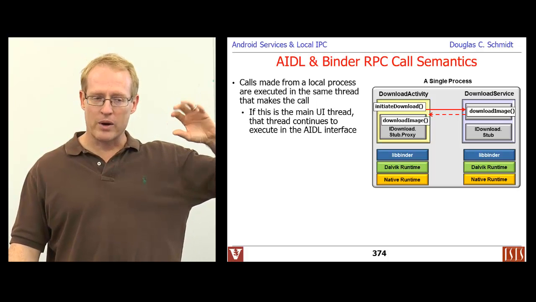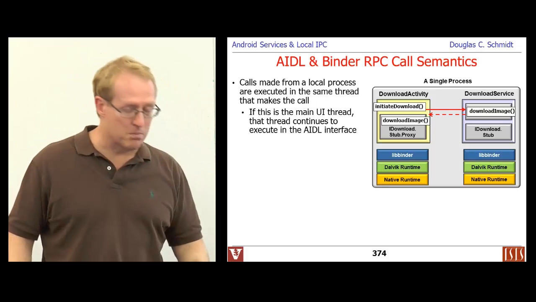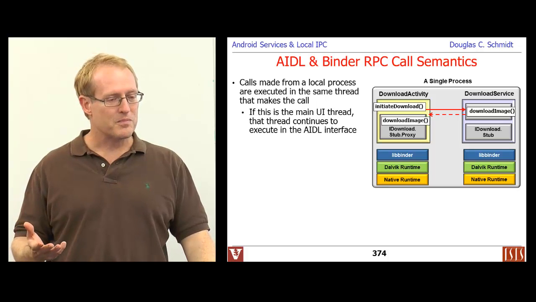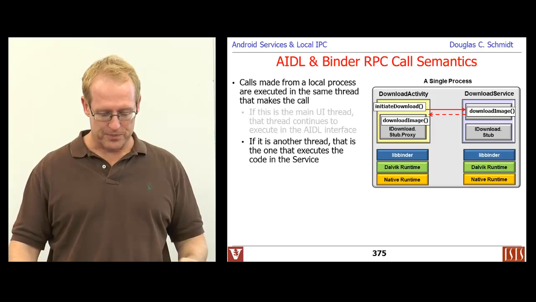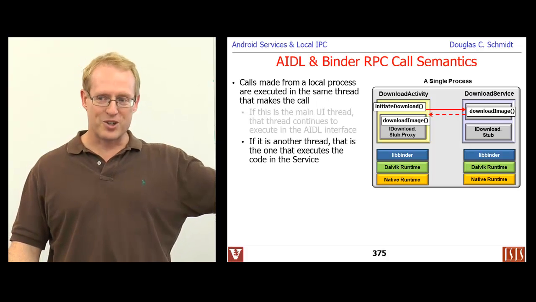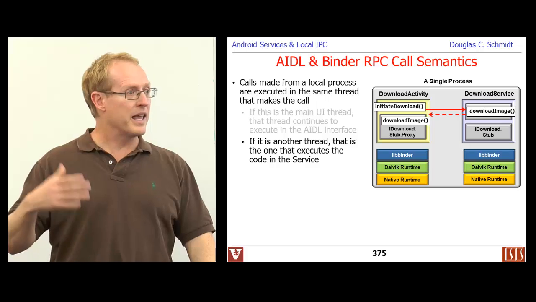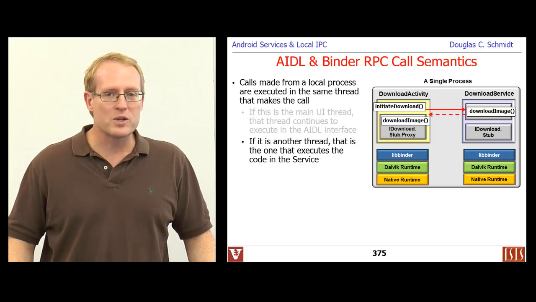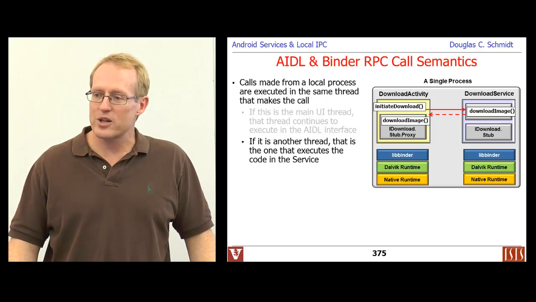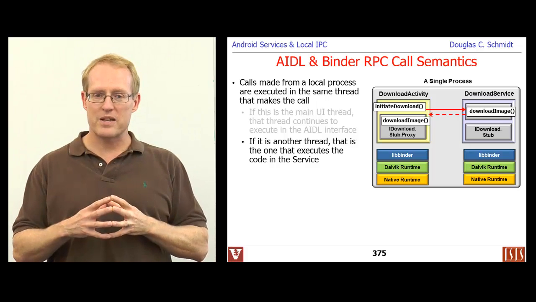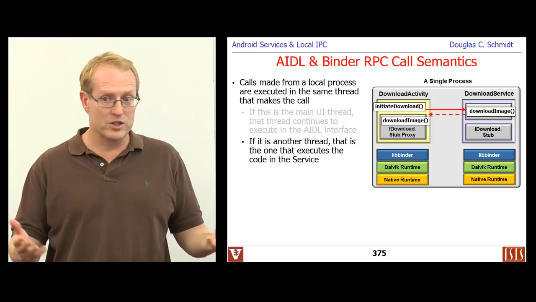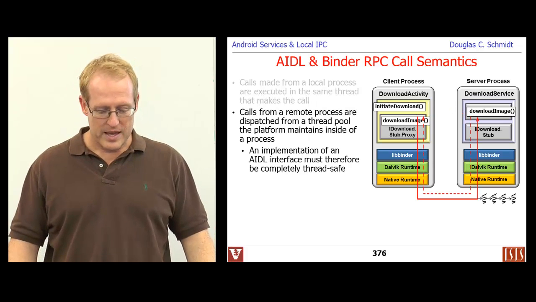So it's just borrowing the thread of control in order to run the request. So that's just a direct call. Likewise, if the caller is in a separate thread of control, again, the thread will be borrowed. This is what's commonly called a co-location optimization. So it's taking advantage of things when they're co-located in the same address space, and it's removing a lot of overhead, which is great. It's exactly what you want.